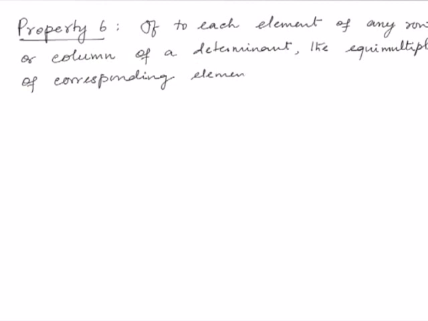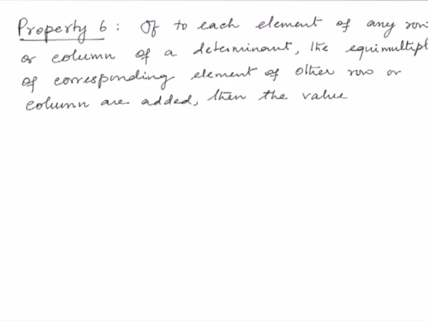That is, if you pick up one row, then you'll have to multiply with some element of other row and add it up, or if you do any operation for that matter, then the value of the determinant remains unaltered.